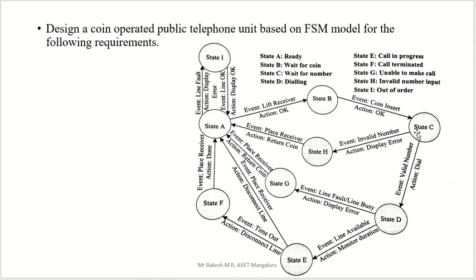Dialing. If you want to dial that number, the number should be proper, right? So the event is valid number, and dialing will start. Whatever number you pressed, if it is a valid number, dialing will start. That goes to state D.